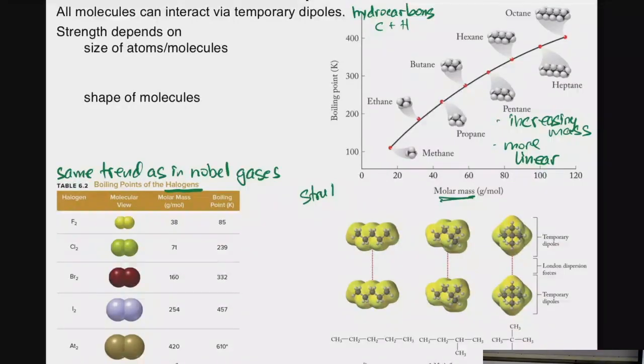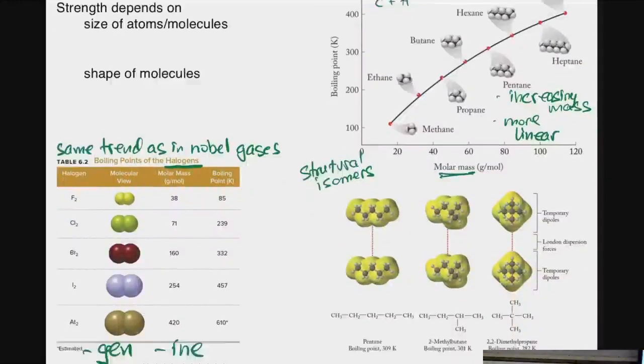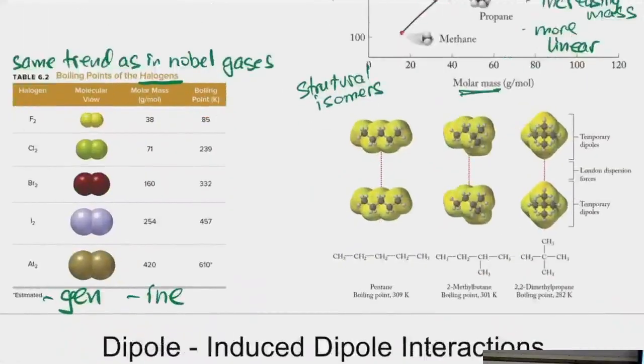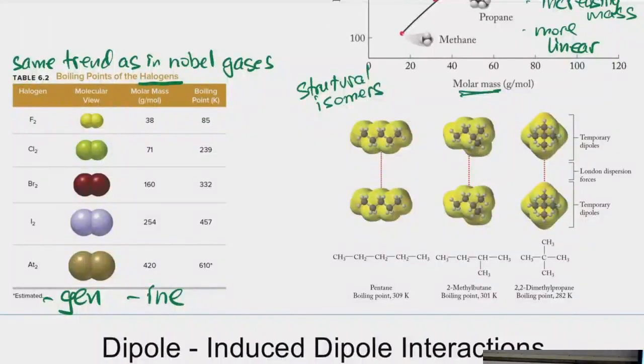Structural isomers. All three of these, and here they're even named for you: pentane, 2-methylbutane, and 2,2-dimethylpropane. These all have the same molecular formula, C5H12.